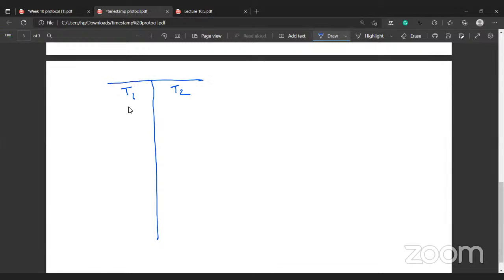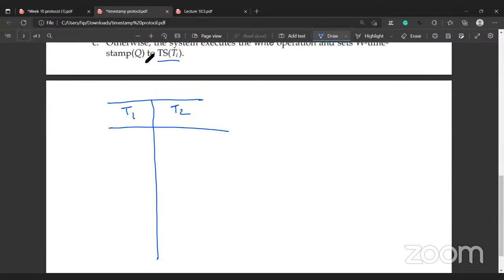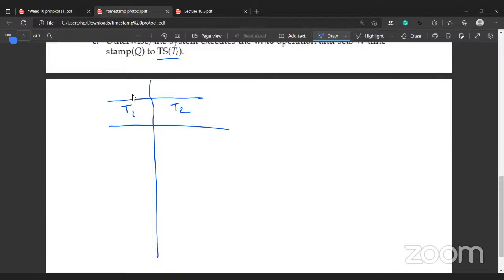Okay, so suppose there are two transactions T1 and T2, right? The timestamp of T1 is 1 and the timestamp of T2 is 2.